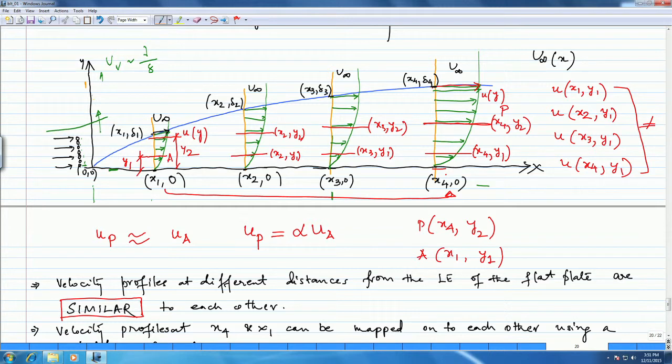So I have a particle in the free stream, which moves along here, and at the time when it is at x3, it takes time t1, and this is moving with free stream velocity. It is at the distance, say x3.